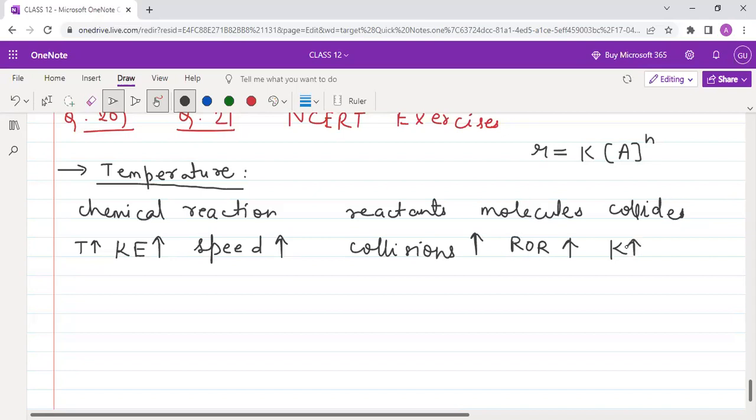Yes. So this is the basic of effect of temperature. It is observed that when we increase the temperature by 10 degrees Celsius, the rate constant is doubled.